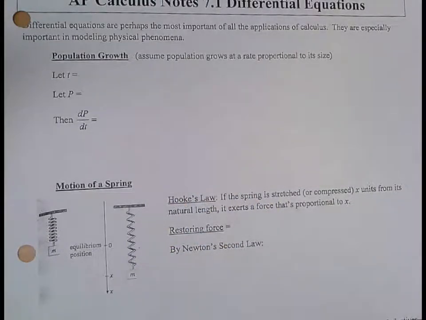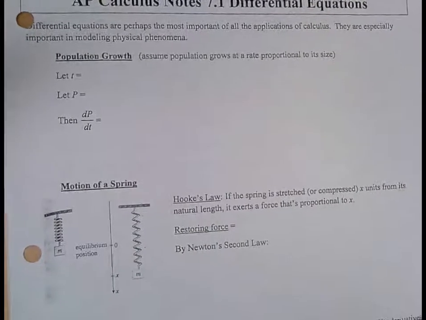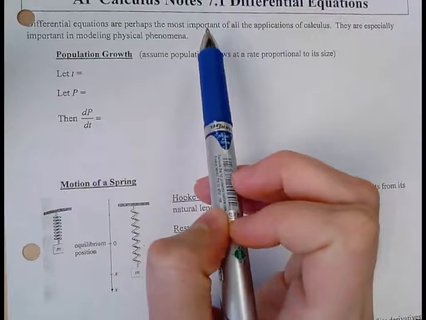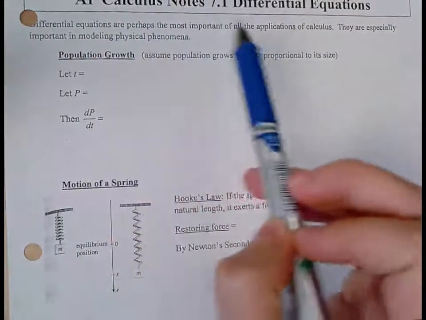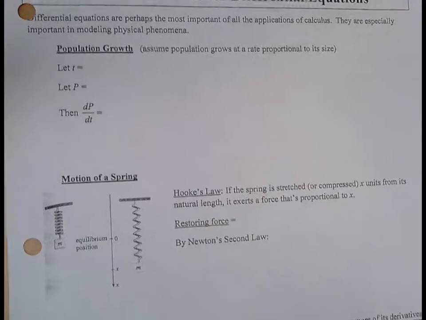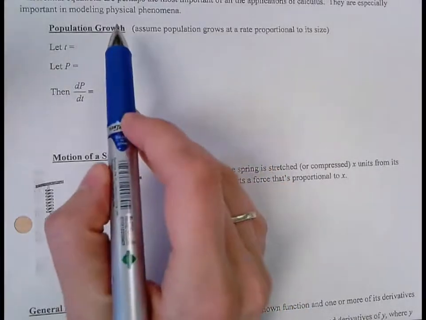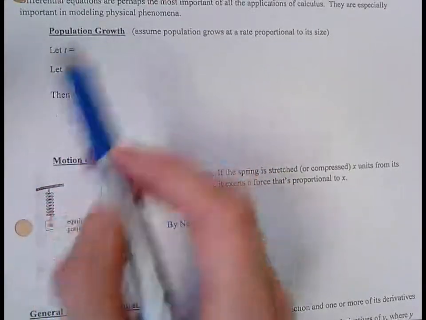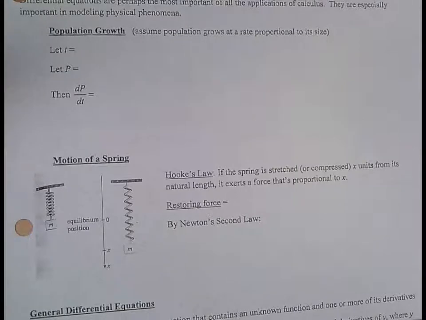I just want to preview them now in terms of explaining what a differential equation is. And it does say at the top, this is considered one of the most important applications of calculus, a differential equation. So first we're going to look at how population growth could be set up as a differential equation.